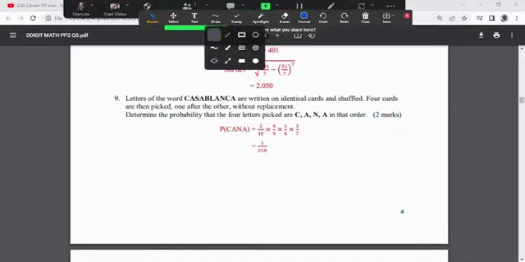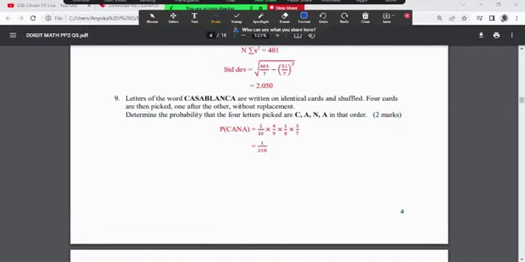In that order is a very significant statement. So we should pick C, followed by A, N, and A. Without replacement is another significant statement in probability.